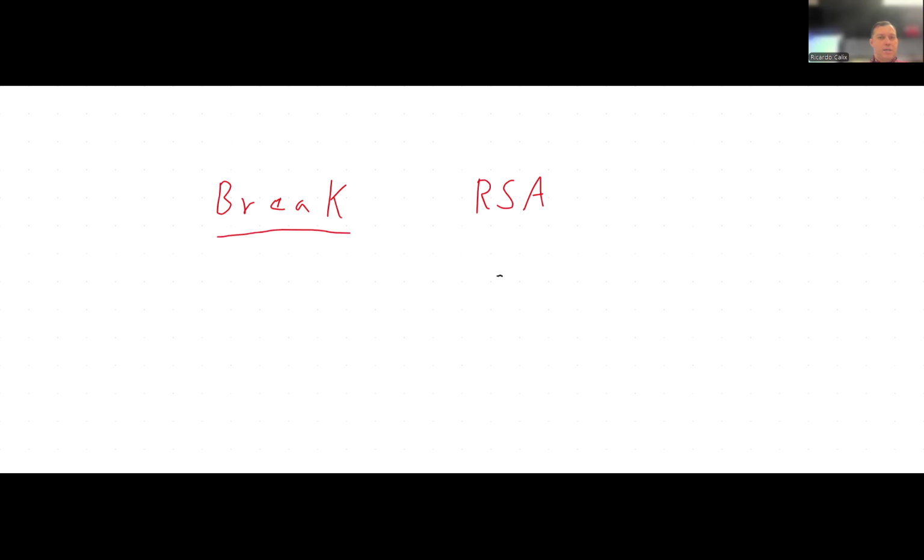So in RSA, we have a public key, which is going to look like this: E, comma, N. And then you have the private key, which is D, comma N. And we know that N is actually made up of P and Q.